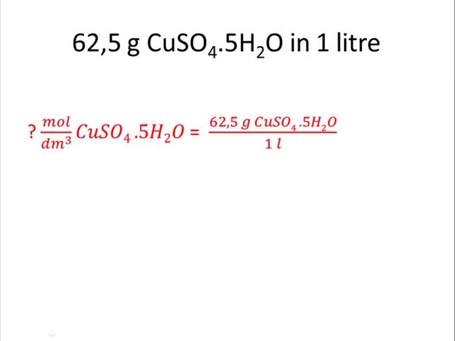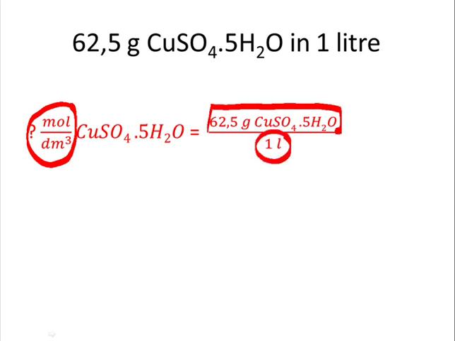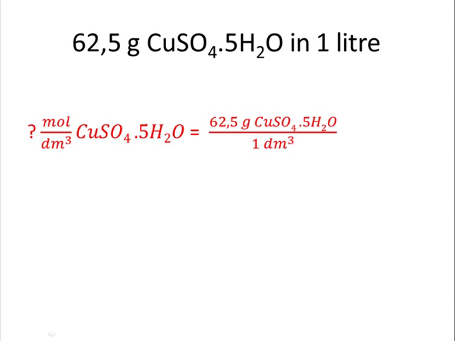We're trying to find the concentration, the unit of which is moles per decimeter cubed of a copper sulfate with water of crystallization solution, where the solution has a mass of 62,5 grams of copper sulfate dissolved in a total solution of 1 decimeter cubed. How do I know 1 decimeter cubed? Because 1 liter is 1 decimeter cubed. They are synonyms, liter and decimeter cubed.